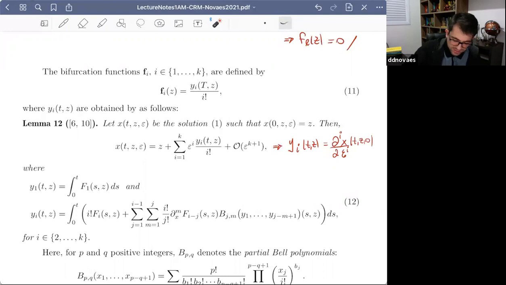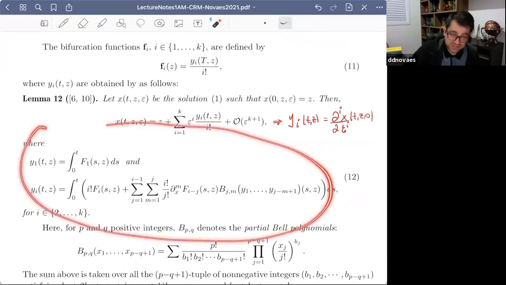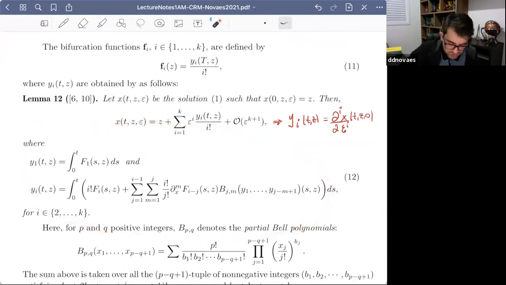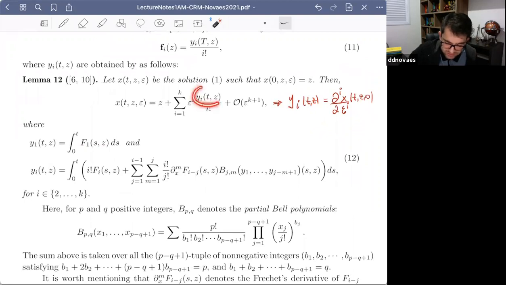Okay, and we have a nice formula for this expansion. So y1 of t z is equal to the integral between 0 and t of the first order of our standard form, f1. And for higher orders, yi, we have this expression, which is a recursive formula for this function.